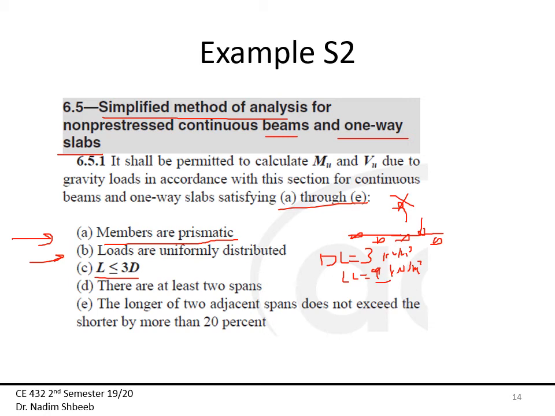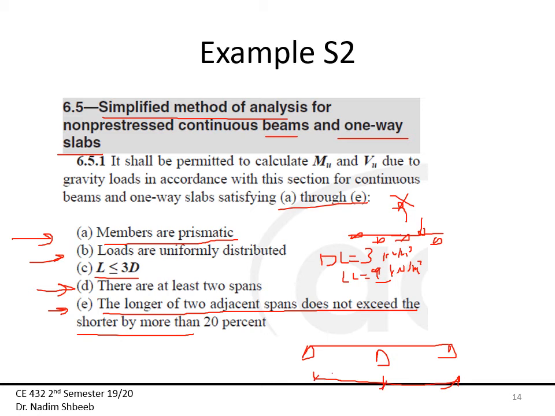There are at least 2 spans, and I really don't need to talk about that because it's obvious, because with one span, it's just simply supported. The last condition, the longer of 2 adjacent spans does not exceed the shorter by more than 20%. So if I have, let's say, these 2 spans, these are what I call 2 adjacent spans.